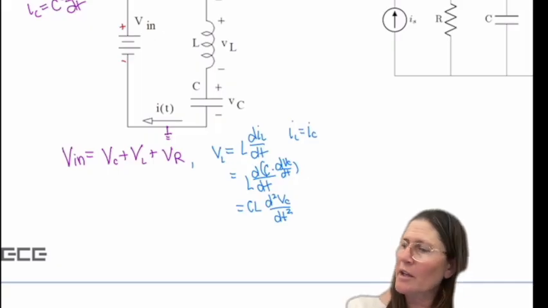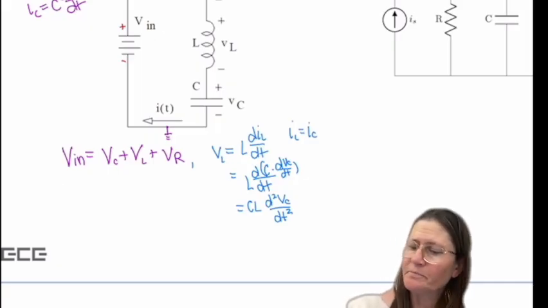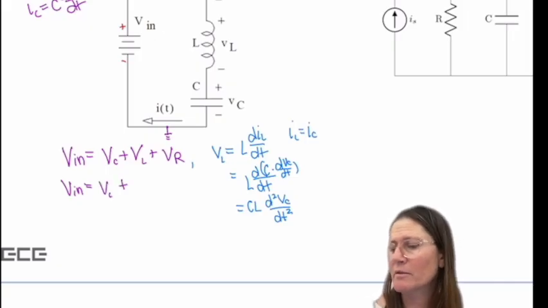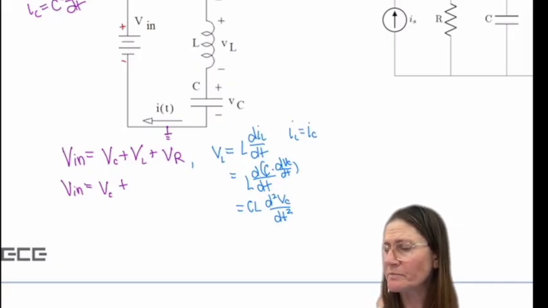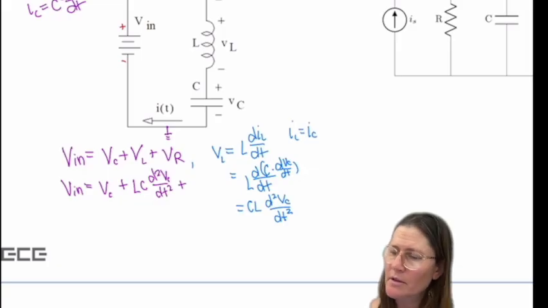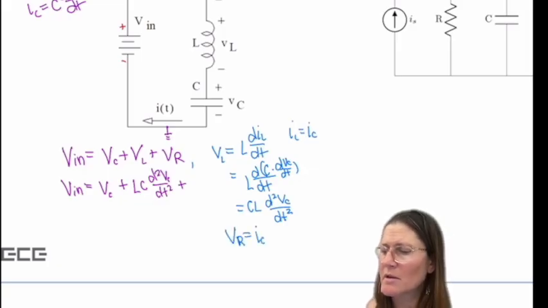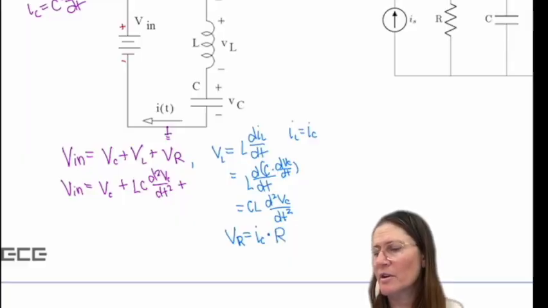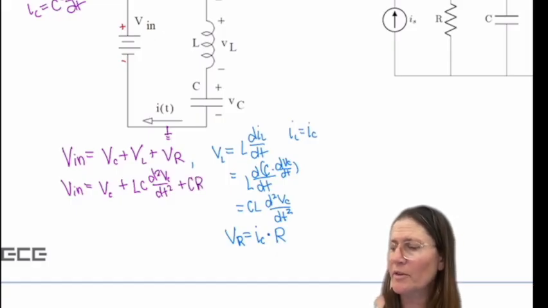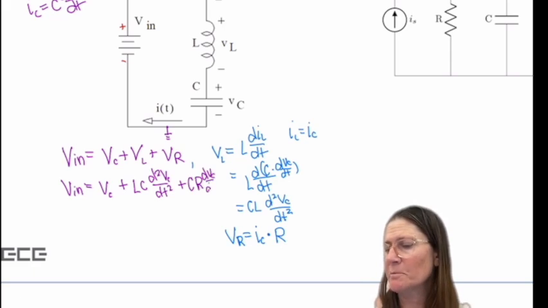Plugging that in, Vn is Vc plus VL, which is LC d squared Vc/dt squared, plus VR, which is IC times R, and IC is C dVc/dt, so this is RC dVc/dt.